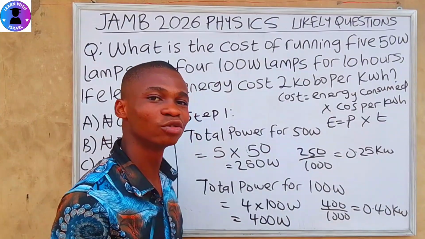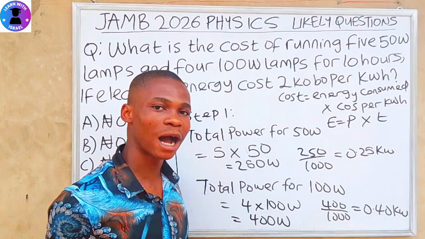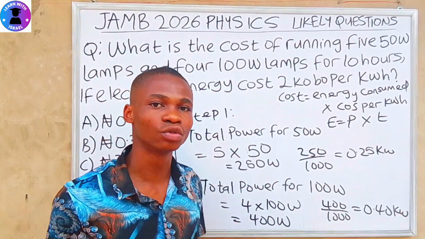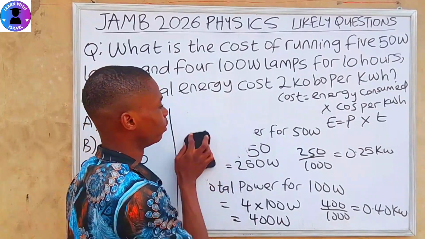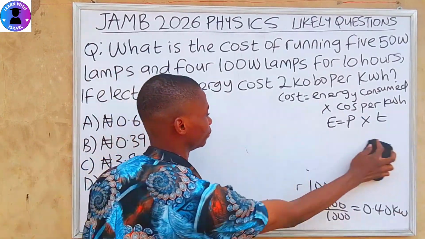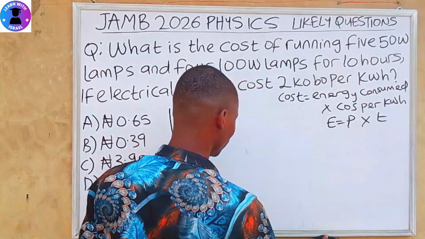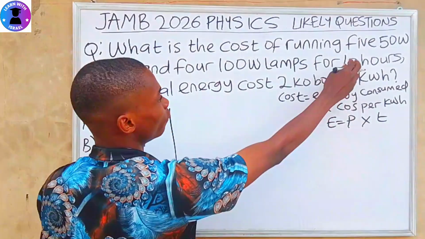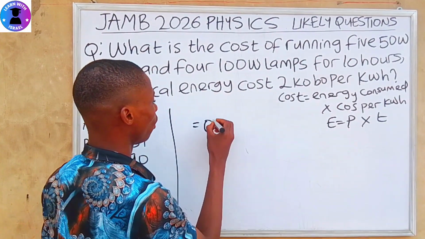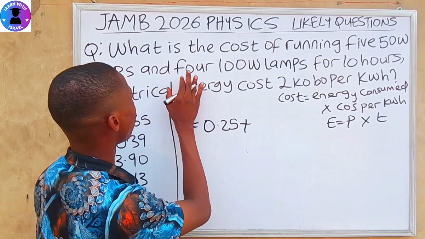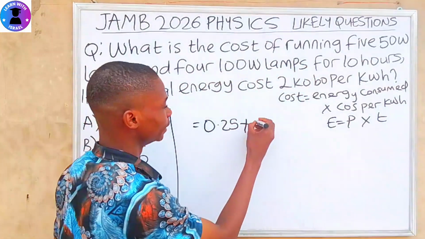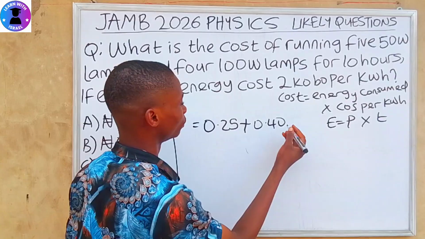The next thing to do, after calculating the total power for each lamp, is to sum up the power. So let's clean the board. The total power for 50 watts is 0.25, plus the total power for 100 watt lamp is 0.40.